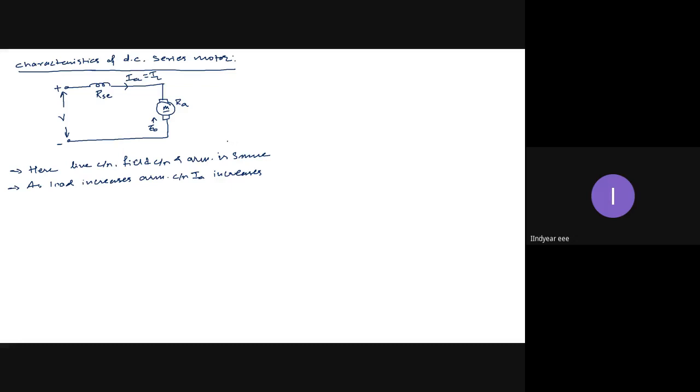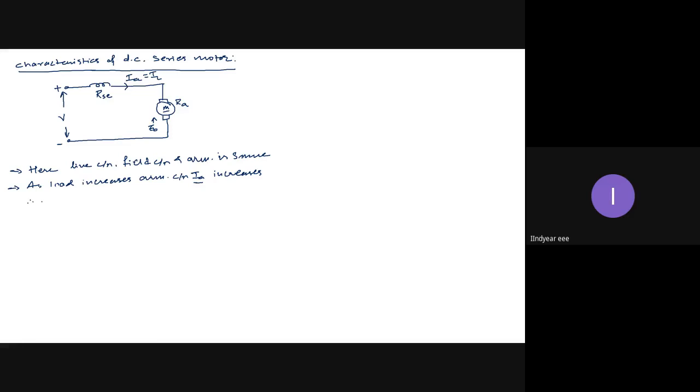And the same current IA is now flowing through the field winding.